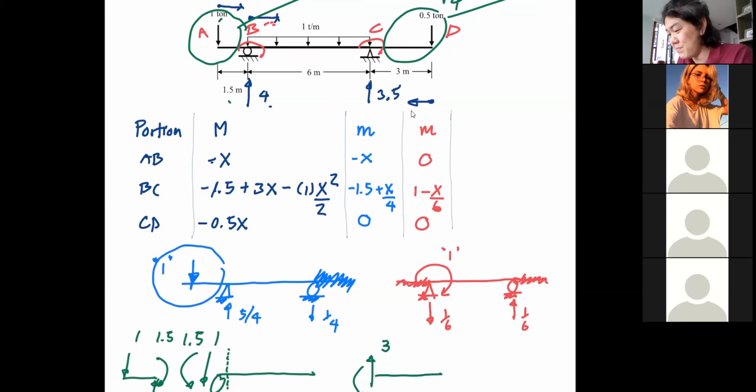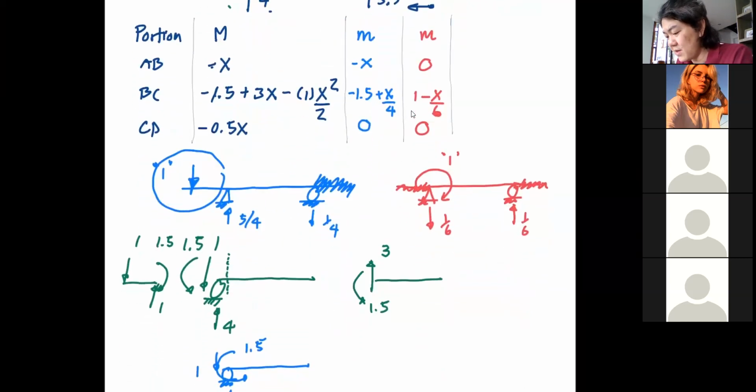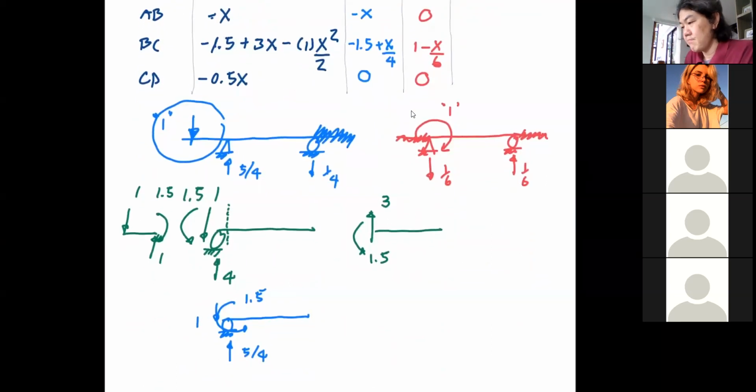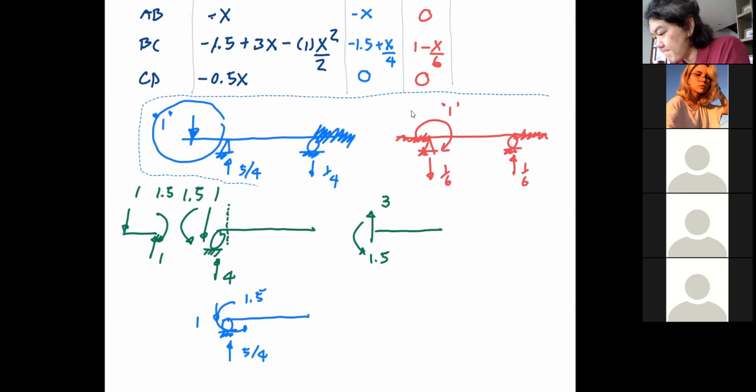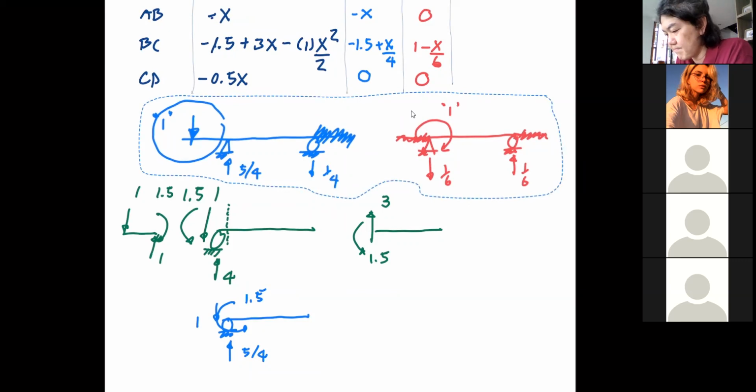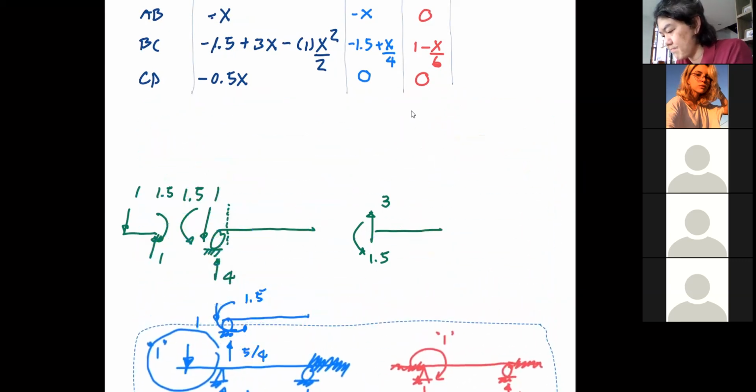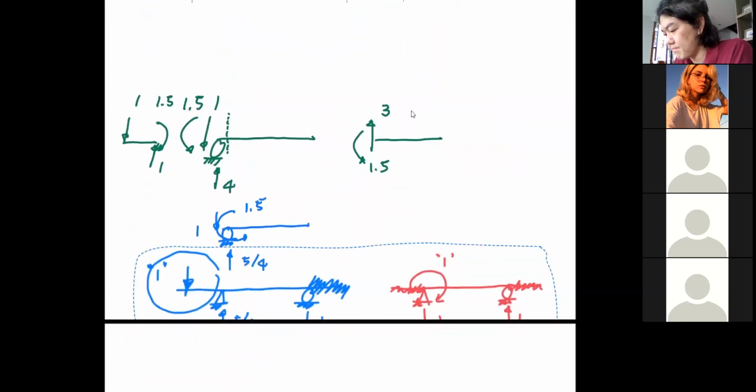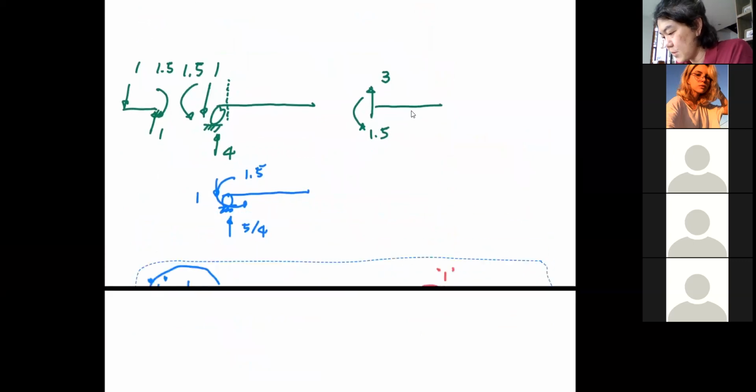And let's move them over. Lasso, very useful. Oh, okay.